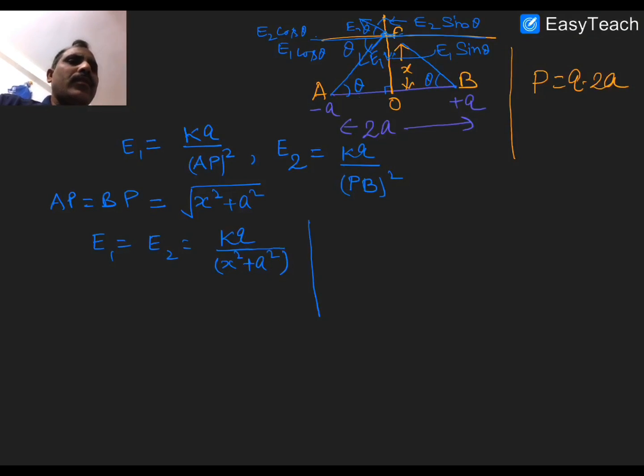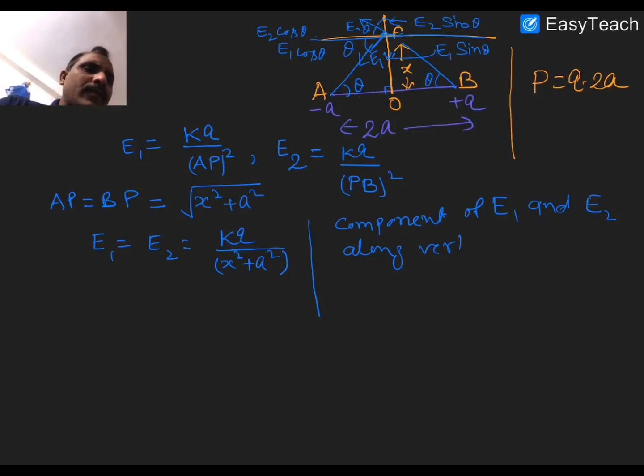These are components of E1 and E2 along the vertical line, equal and opposite.